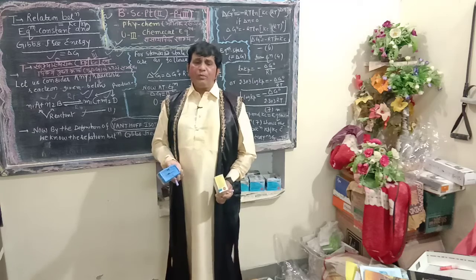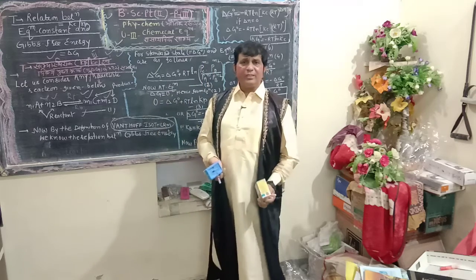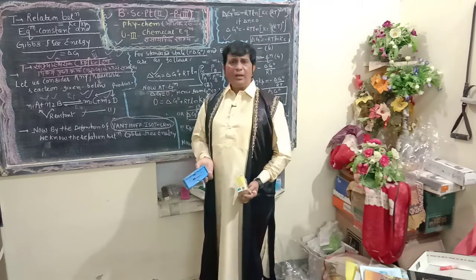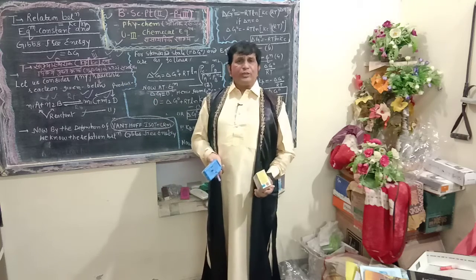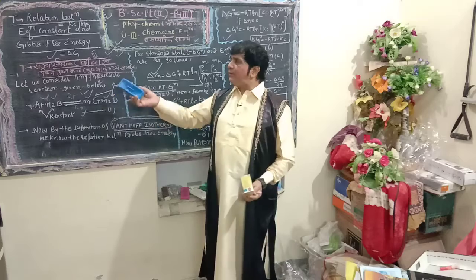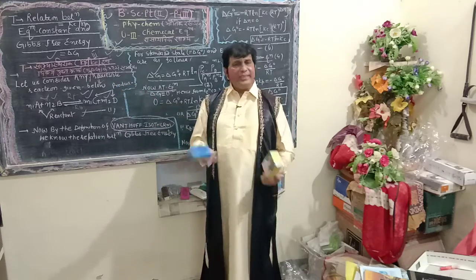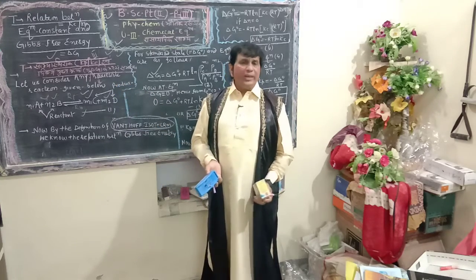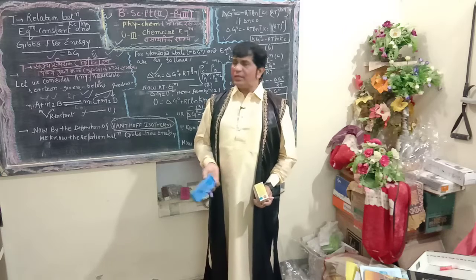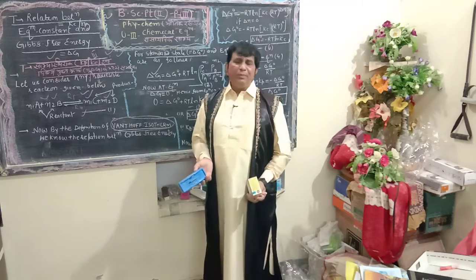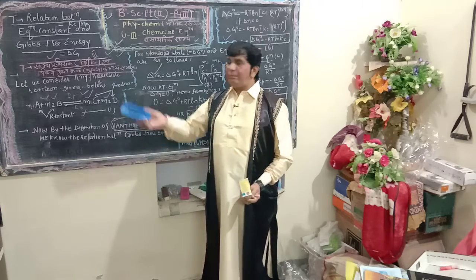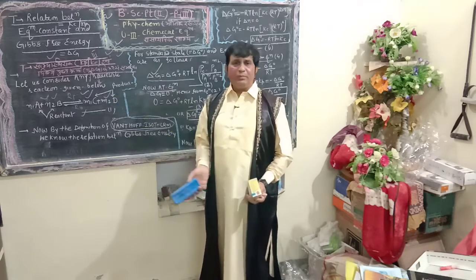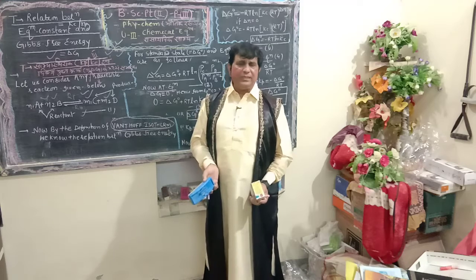In detail, we have explained this in our previous lecture. In the case when delta n is equal to 0, Kp is equal to Kc RT to the power delta n, anything raised to the power 0 is 1, so Kp will be equal to Kc. When delta n is positive, the value of Kp is greater than Kc. When delta n is negative, Kp is less than Kc.